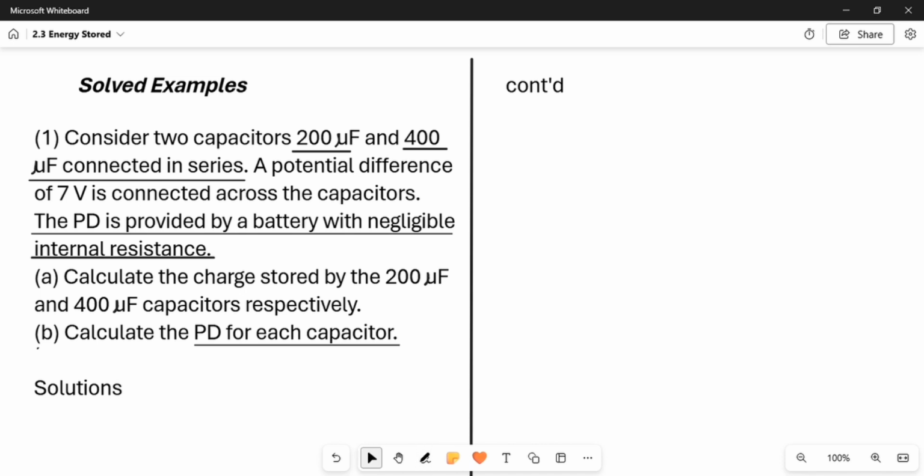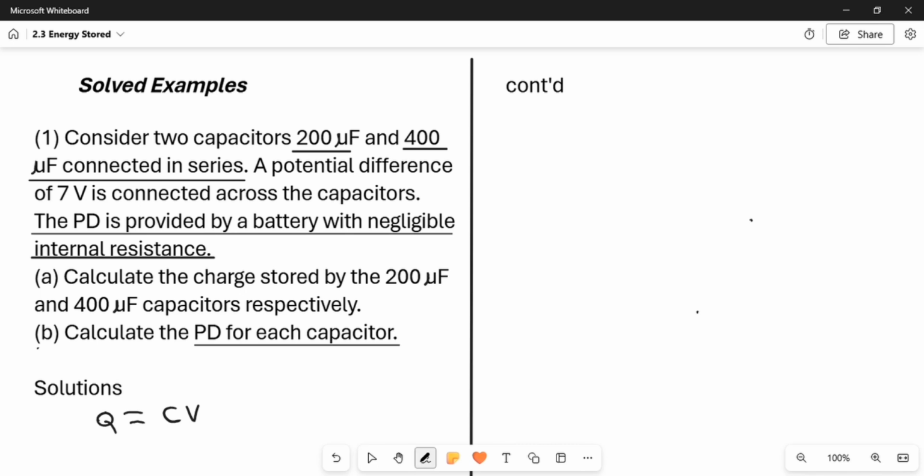So I'll recall that Q is equal to CV. C is the capacitance and V is the voltage.